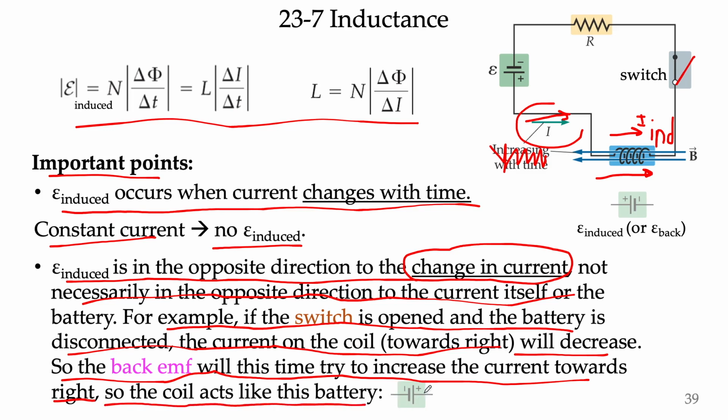To be able to create induced current to the right, it's acting like a battery like this, plus and negative. The coil itself is acting like a battery, because if you have an induced battery like this, it will create a current this way, which is the direction of the current. Of course, there's really no battery here. It's just acting like a battery.